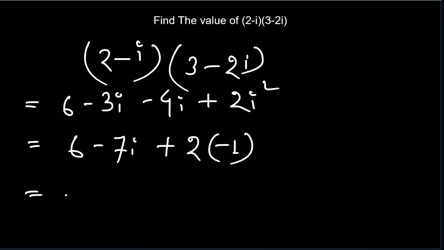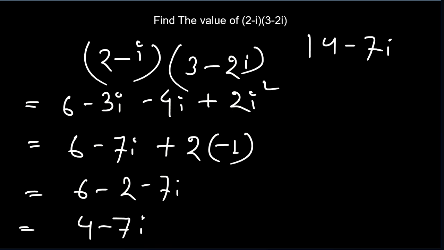Okay, so here the 6 minus 2 minus 7i equals 4 minus 7i. Now we will find the value.